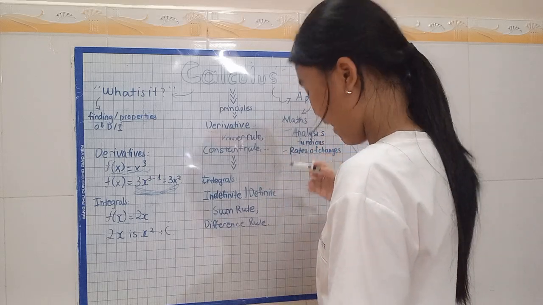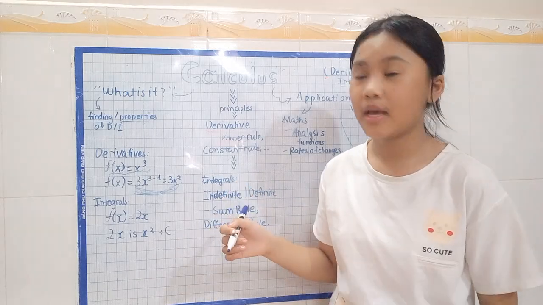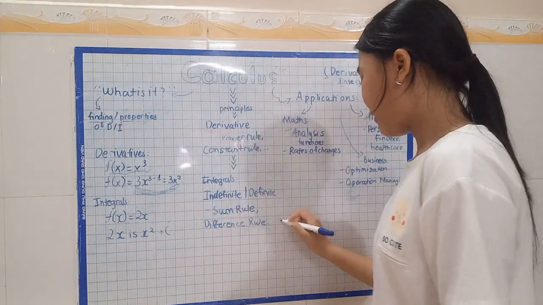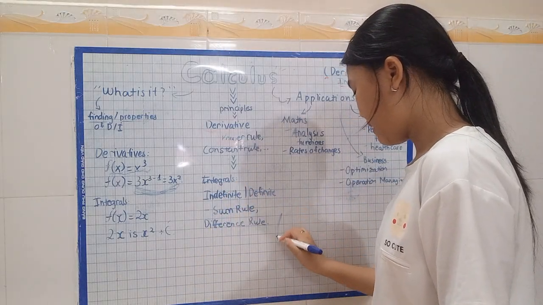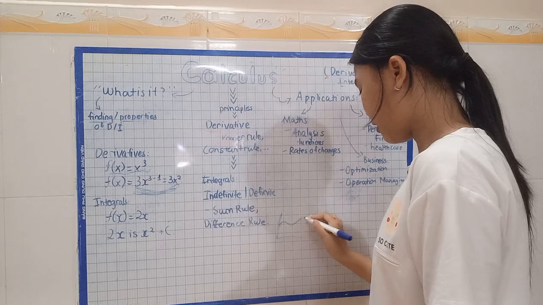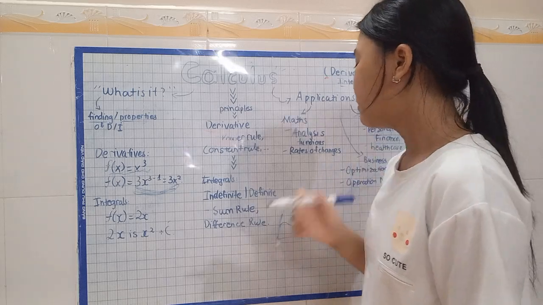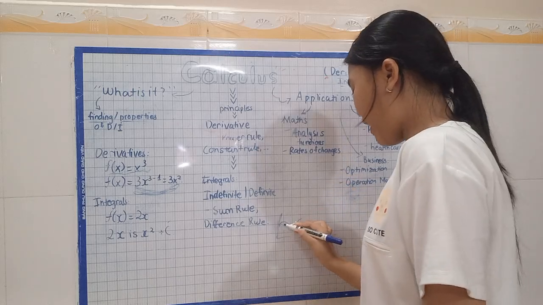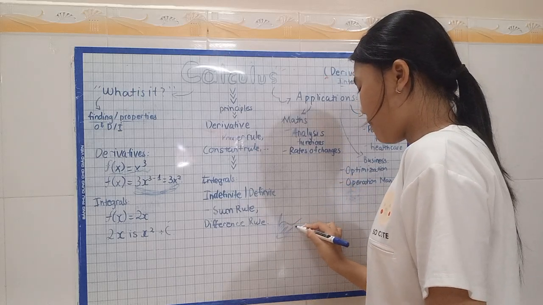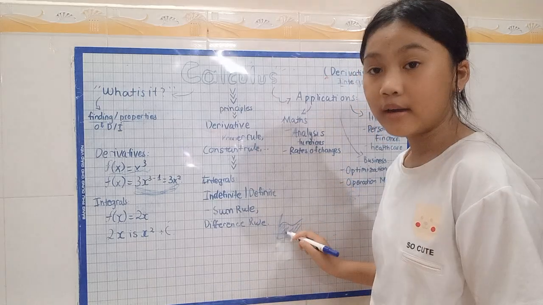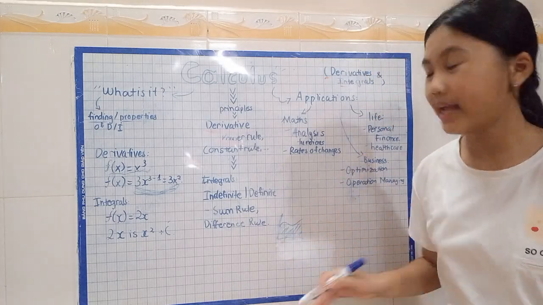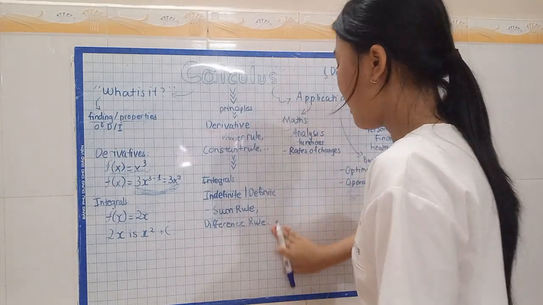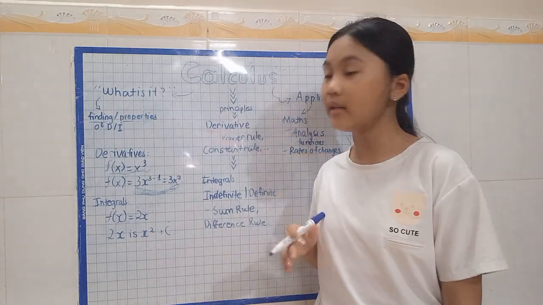They are used to find areas under curves. When you have a graph with curves like this, the integral finds this part here, the part that I colored, which is what integrals are used to find.